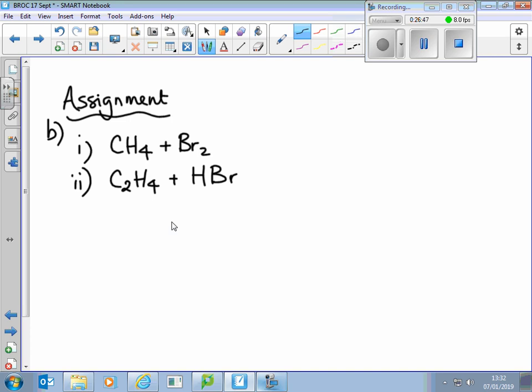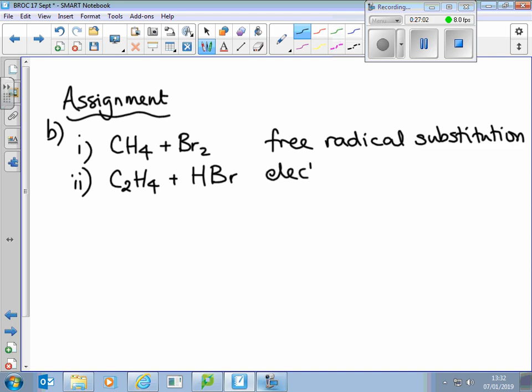We've got free radical substitution, so we're going to have a quick look at that. Not in too much detail because otherwise I'm literally just doing it for you. And it is straightforward once you get the hang of it. And then the other one, electrophilic addition. So, these are the ones you've got to produce illustrated explanations for.